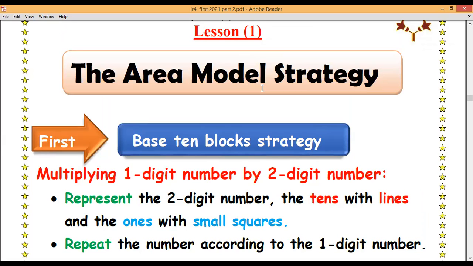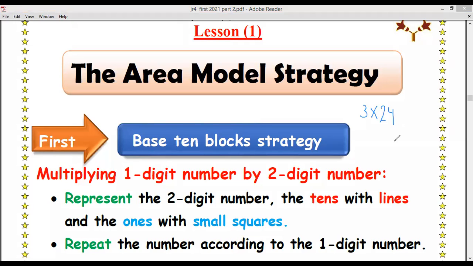So the first way today, if I want to make 3 times 24. Today, we're gonna take how to solve this problem, how we can make 3 times 24. First of all, I have 2 ways we're gonna take it today. The first one, it's a base 10 blocks strategy.